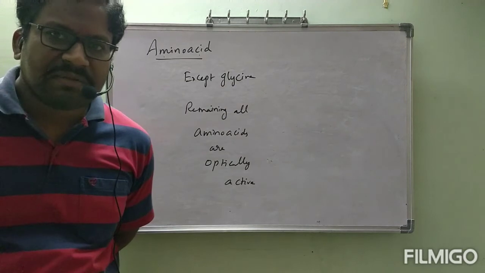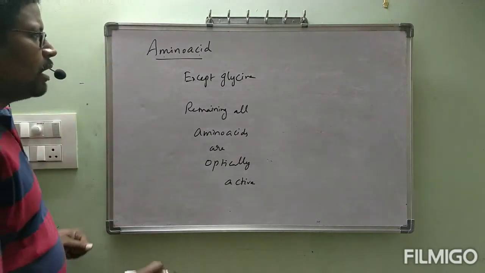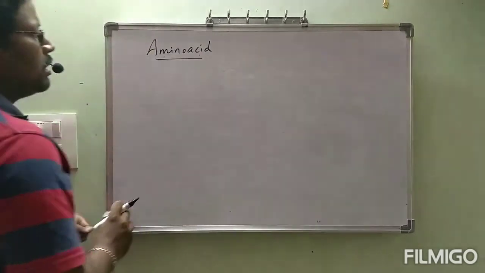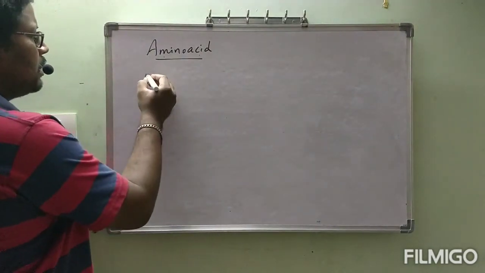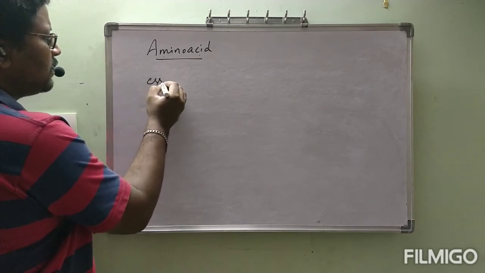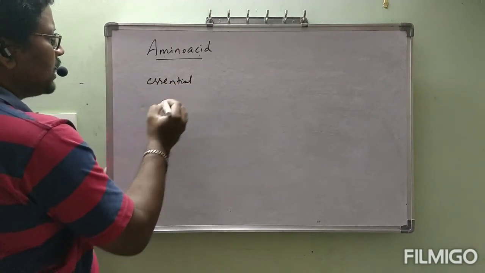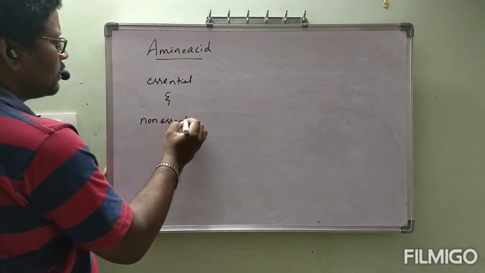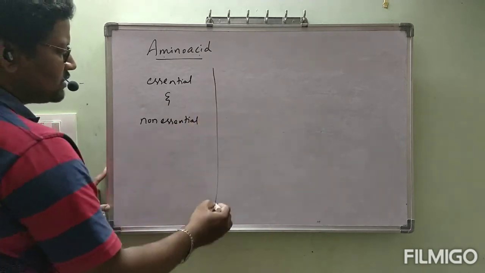Next one, classification of amino acids. Amino acids are classified as essential and non-essential. This is the first classification.